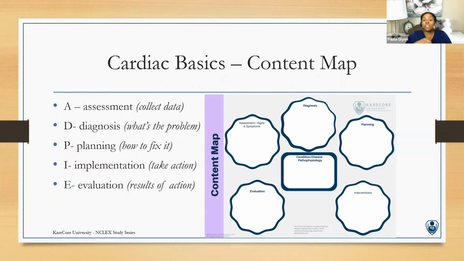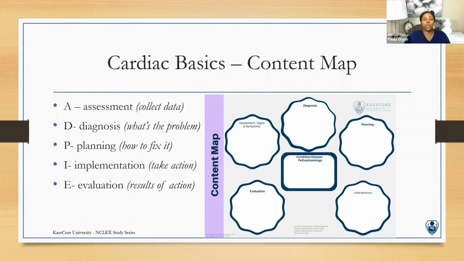And with understanding how to use the nursing process, with your assessment, understanding the diagnosis, the planning, what's needed, and the implementation and evaluation, it helps you to think in that methodical way so that things are not missed.